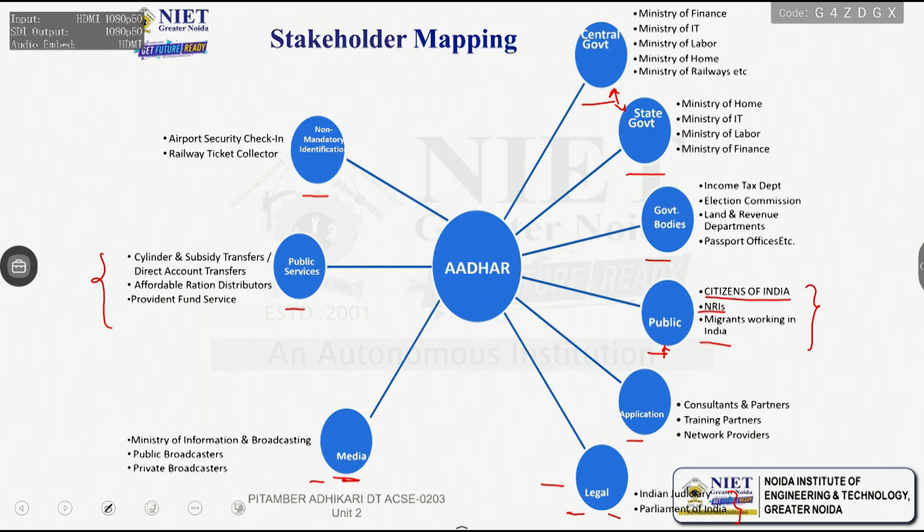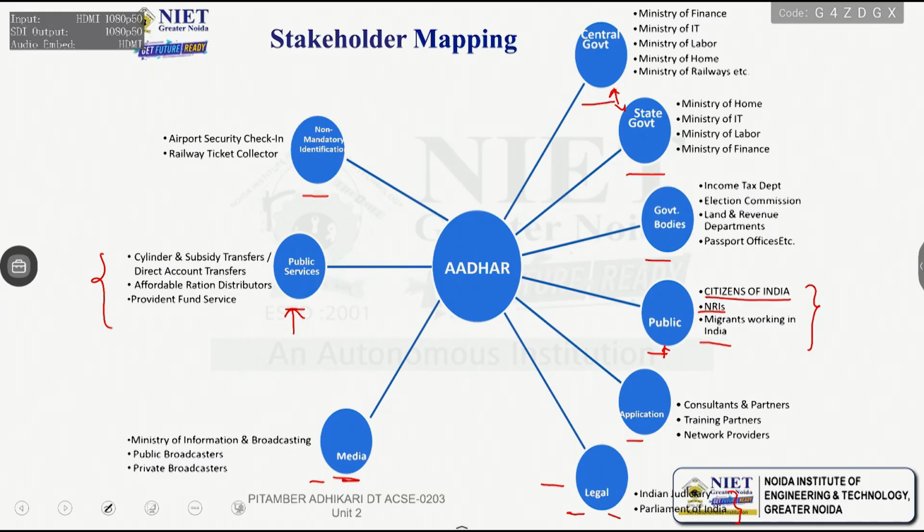All these come under the category of public services, because to use these services there is a requirement of Aadhaar. If any citizen of India has Aadhaar, he or she can easily use these services. So that is the requirement, and it is also very important whenever we talk about Aadhaar.